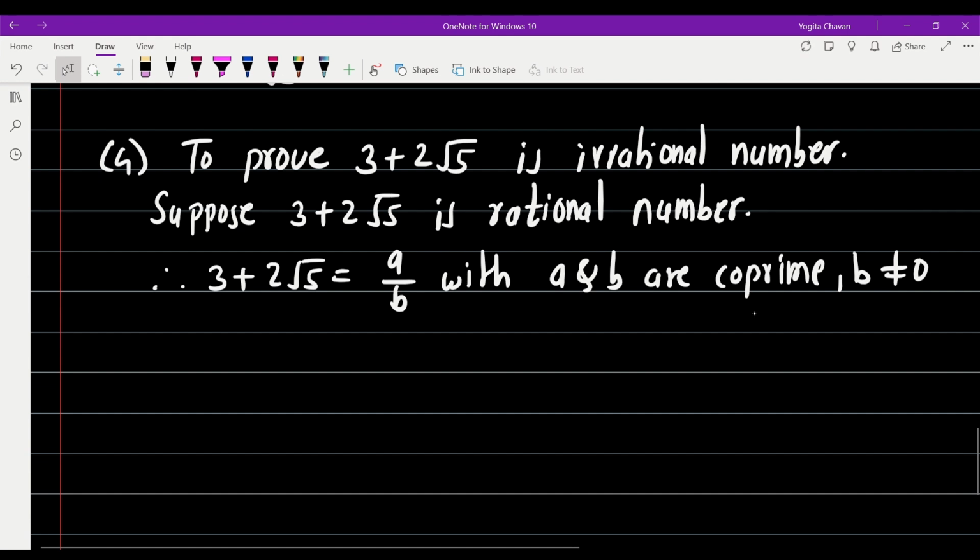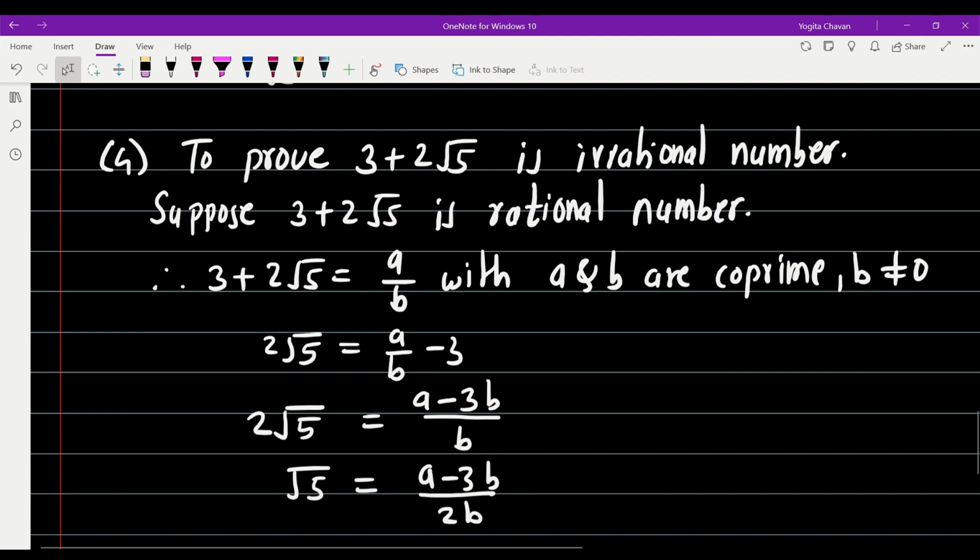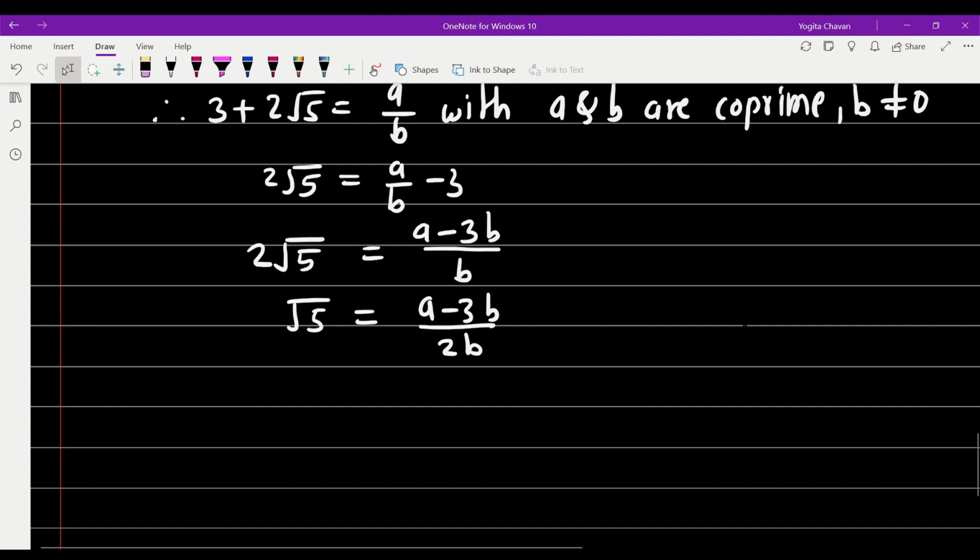Moreover, b is not equal to 0. Now simplify this expression. 3 plus 2 root 5 is equal to a by b. Therefore 2 into root 5 is equal to a by b minus 3. So 2 into root 5 is equal to a minus 3b divided by b. So root 5 is equal to a minus 3b divided by 2b. Now again cancel common factors from numerator and denominator.